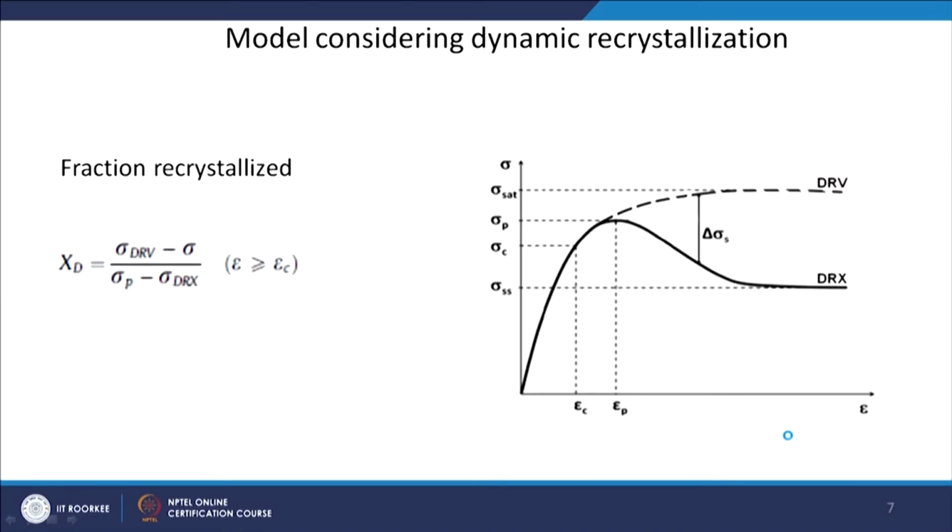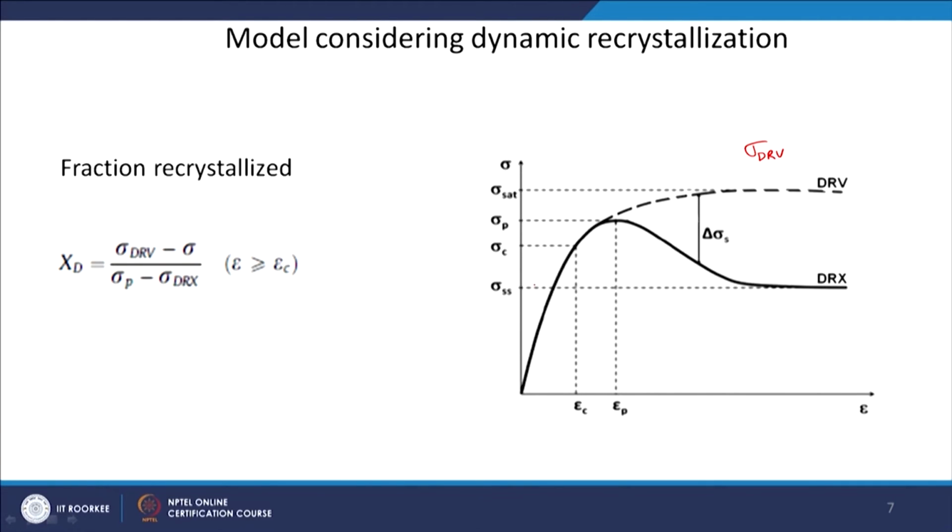Okay. Then they also find out how the fraction recrystallized can be derived or calculated from the flow stress curve. Here we will see how it is done by the flow stress curve, and here you will also be able to see what we were discussing in the physics-based model, that is, what we mean by sigma DRV.